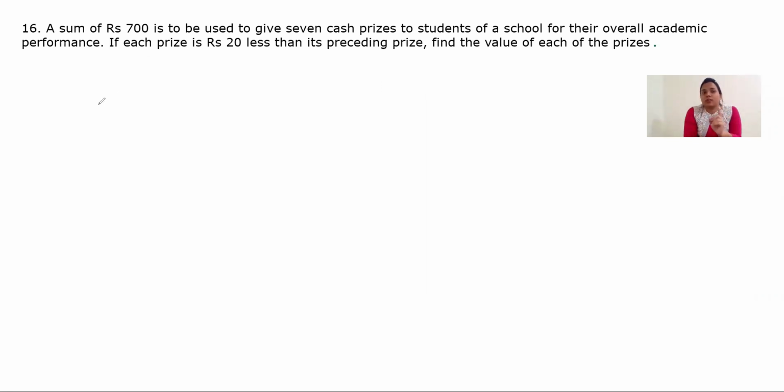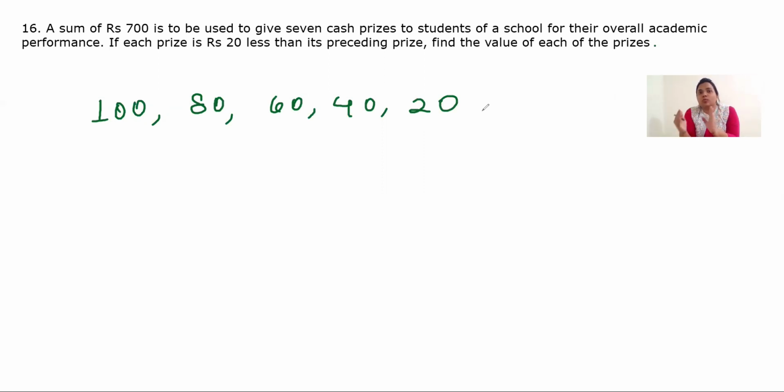Suppose the first prize is rupees 100. The second prize will be 20 less than the first one, so the second will be 80. Third will be 60, then 40, then 20, and it will go on, and there have to be 7 prizes. When we add all the 7 prizes, we will get 700.